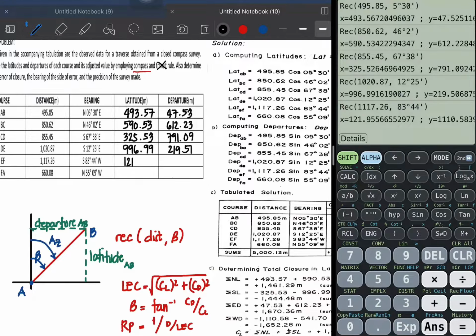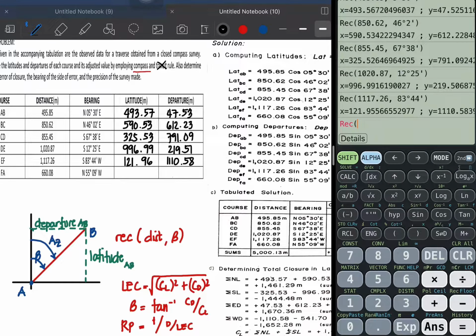So that is 121.96 and 1110.58. Then last line, you have 660.08.